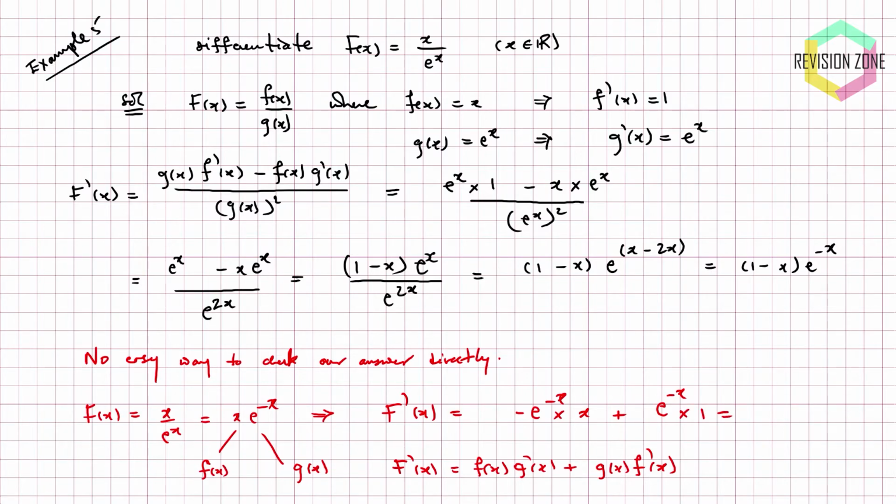When I factorize my e to the minus x from here and here, what I end up with is minus x plus 1 times e to the minus x, which of course is exactly the same as 1 minus x e to the minus x.